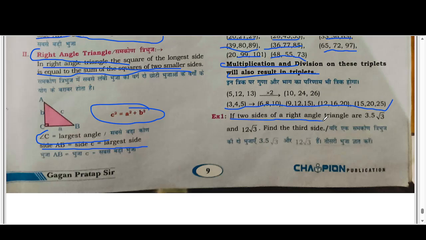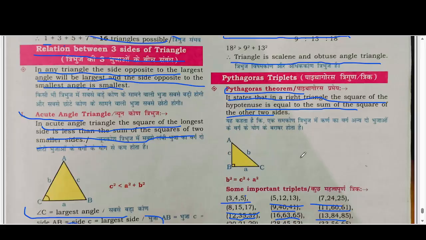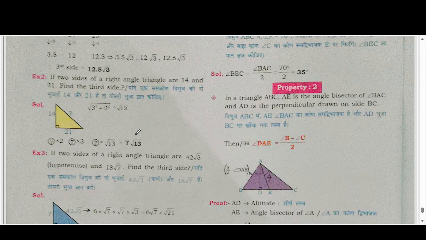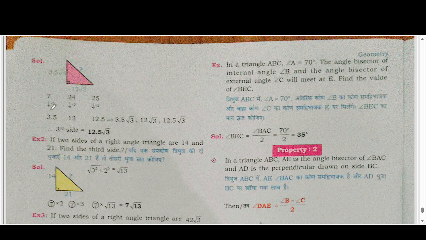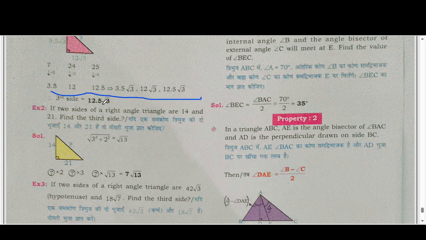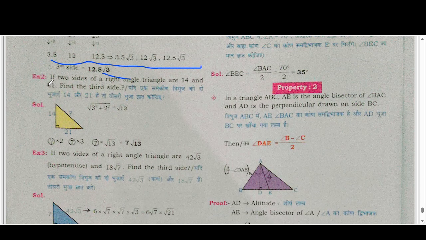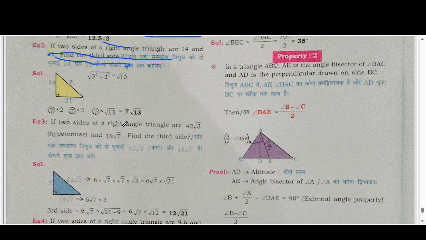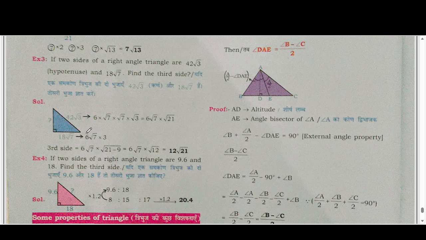If two sides of a right angle triangle are 3.5 and 12, find the third side. By using the triplets, we easily get 3.5, 12, 12.5. The third side is 12.5. If two sides of a right angle triangle are 14 and 21, find the other side. That was 7 root 13.